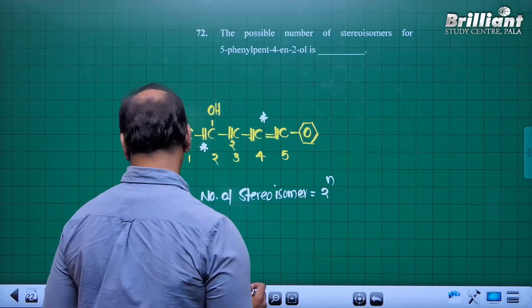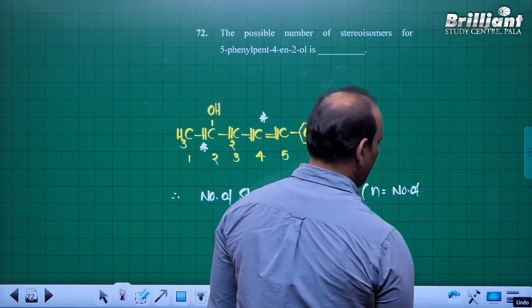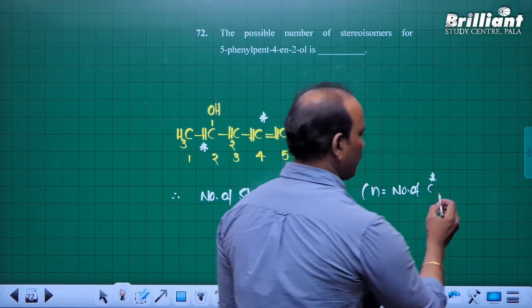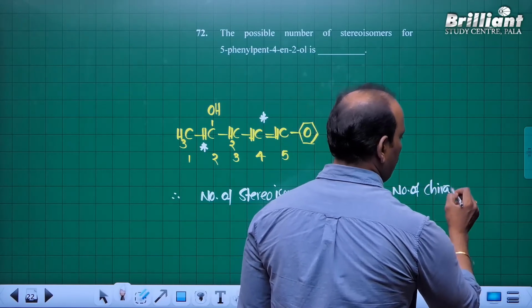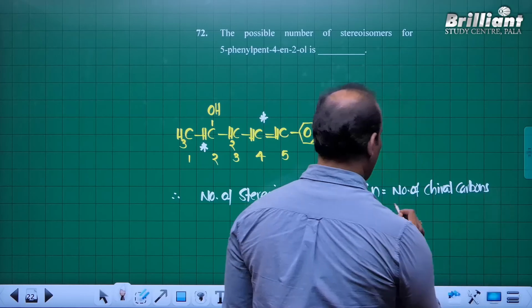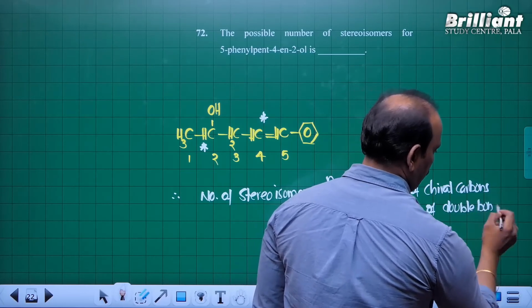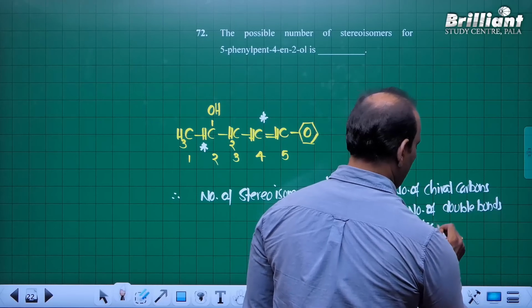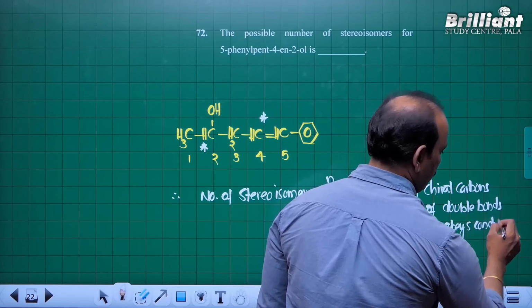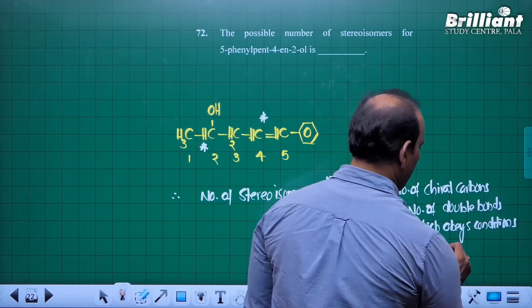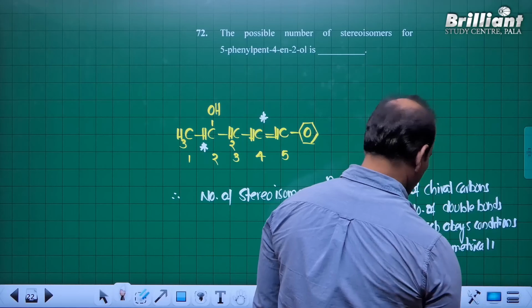Here n equals the number of chiral carbons and the number of double bonds which obey the conditions of geometrical isomerism.